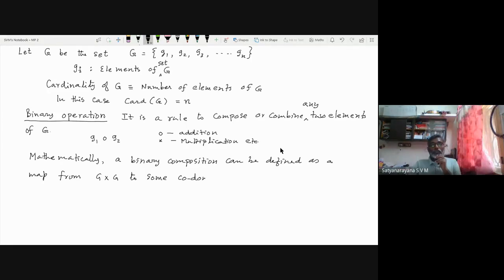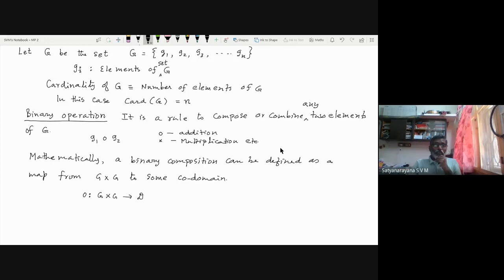We do not know what this codomain is, but it may be some codomain. So if you are able to define, that means if I write down this O will be a map from G cross G to, let's say, some codomain. So let me call this as some D. Okay.